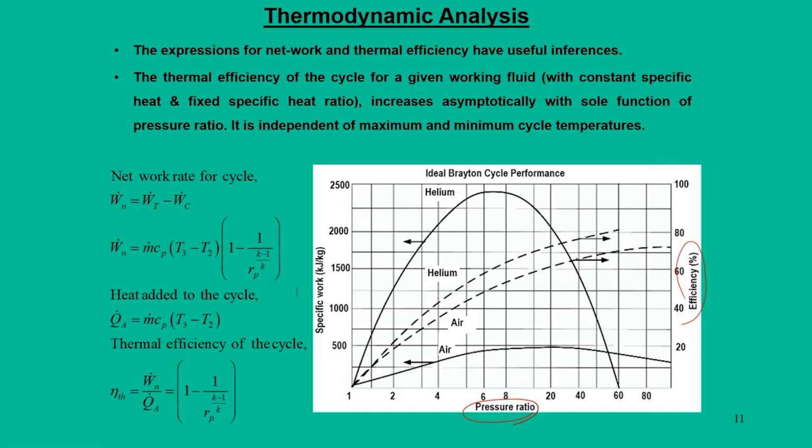If you look at the dotted line, the efficiency curve, we can see that helium always happens to be more efficient than air as a working fluid, and this curve continuously increases. In fact it does not depend on the cycle temperatures. You can see in these expressions, for a given value of k, if we keep on increasing Rp, we will have this efficiency curve.